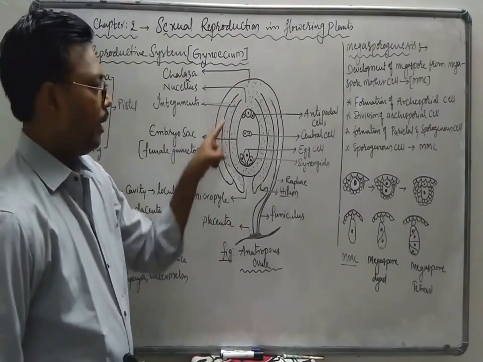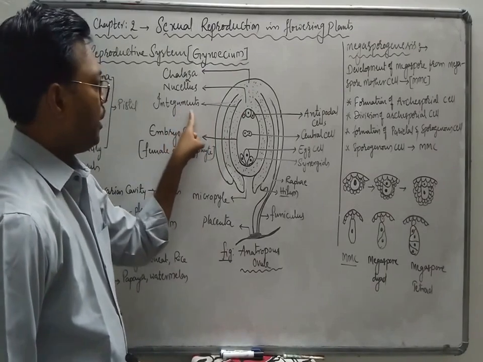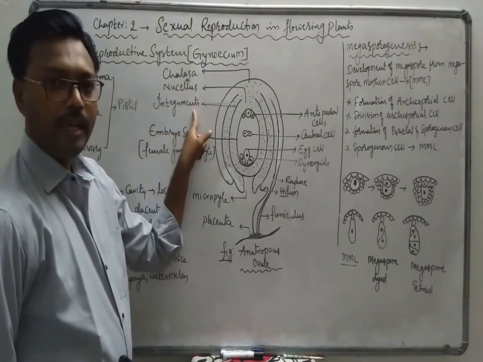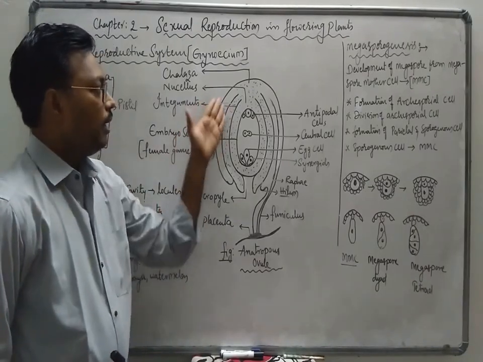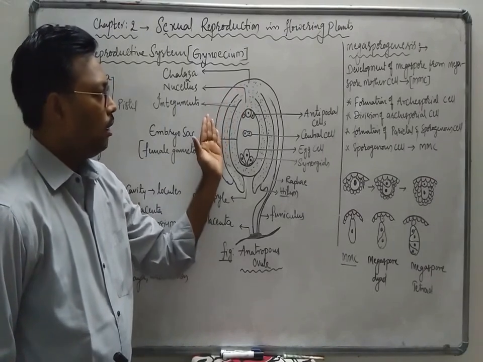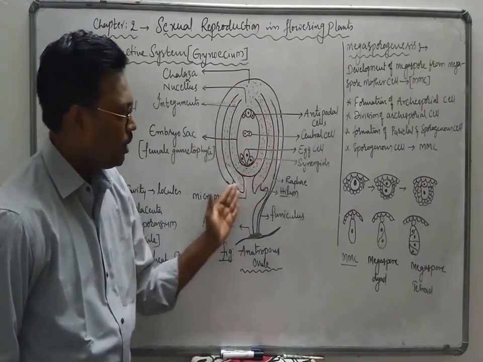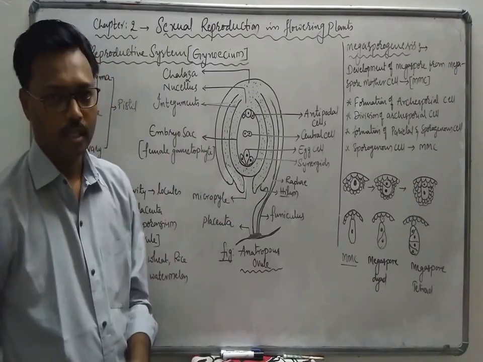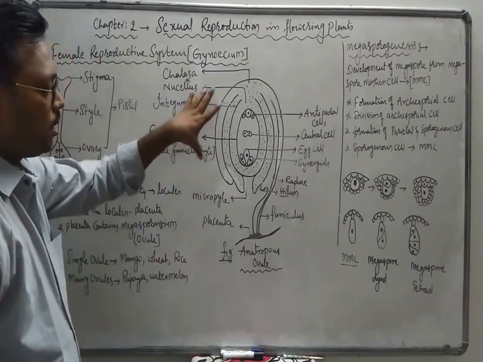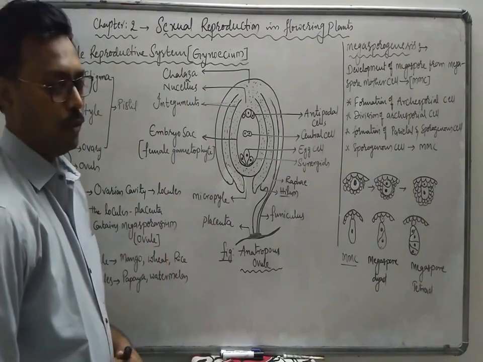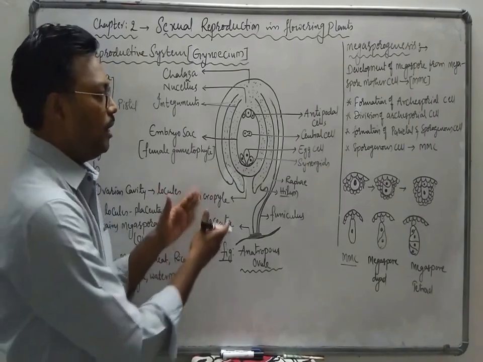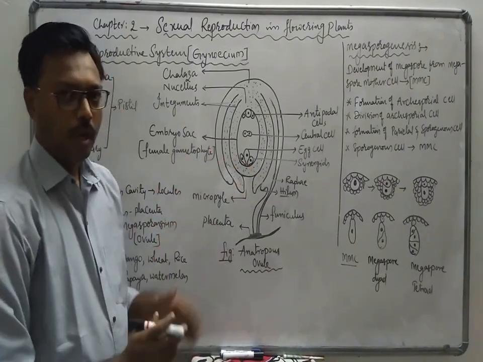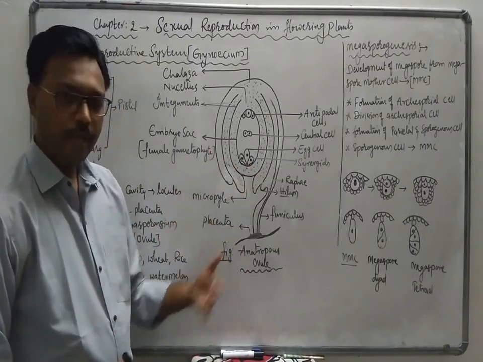It is covered with integuments, the protective layers of the ovule, and inside the ovule a parenchymatous tissue called the nucellus is distributed. This is the structure of the anatropous ovule. The majority of angiosperm plants have this kind of ovule. Apart from this, as I have already mentioned, there are different types of ovule.